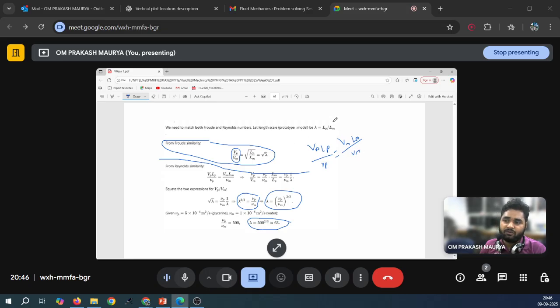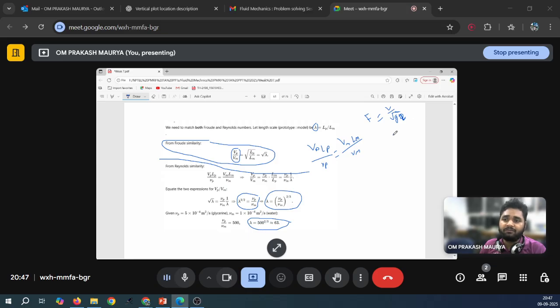So you have considered Lp by Lm is lambda, and in the Froude number similarity, first you will look, let me just write ZD, or okay, I'll write length directly, because there is no meaning of ZD when we are doing such kind of things.